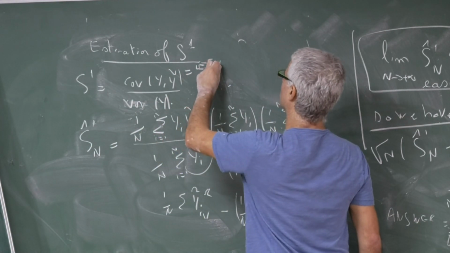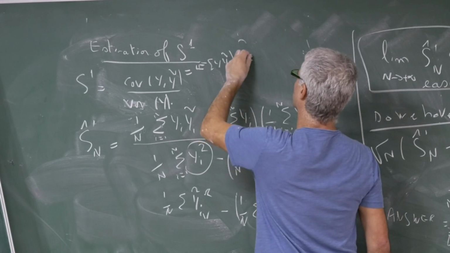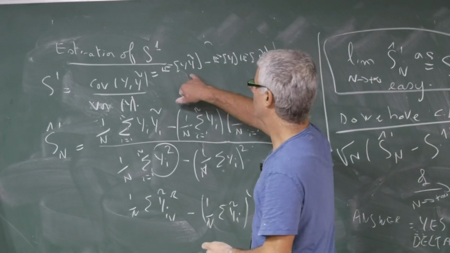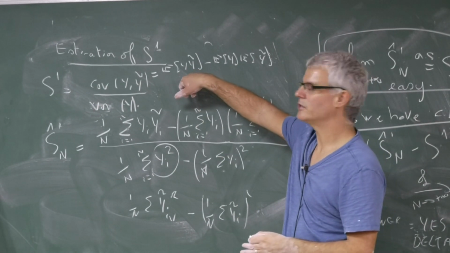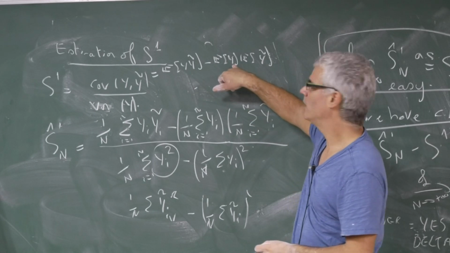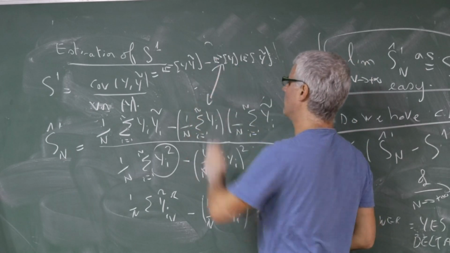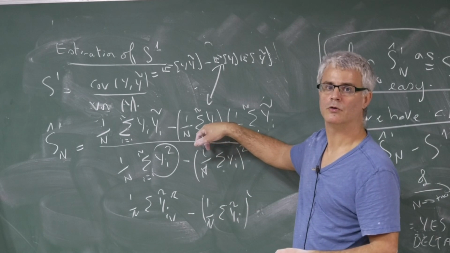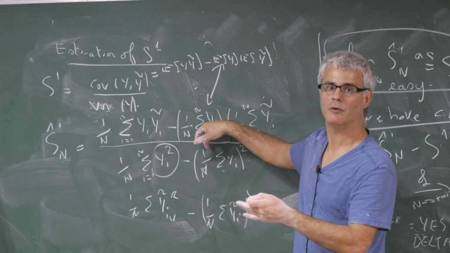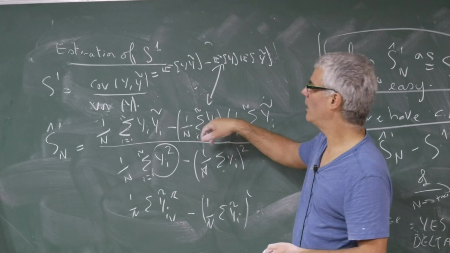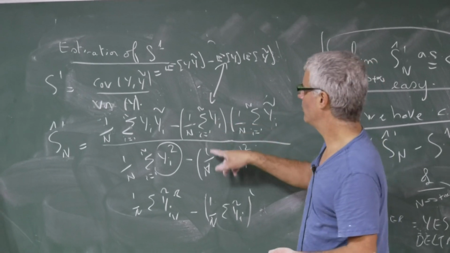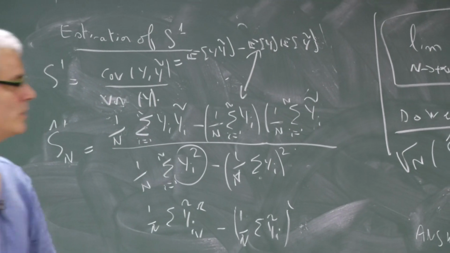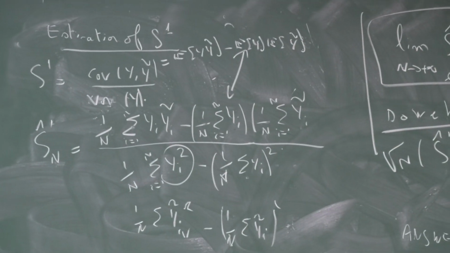The covariance, okay, for that part you cannot improve the estimation, but here you estimate E of y just with the y_i, but you can also use the y tilde because they have the same distribution. They will converge to the same limit. So here and here you can improve the estimation a little bit using the other sample you are not using. Okay. So that was the first comment.